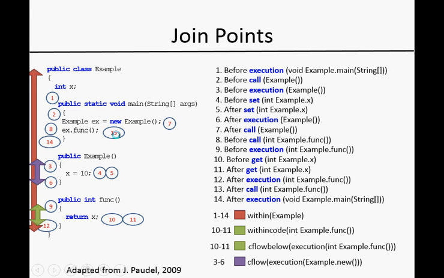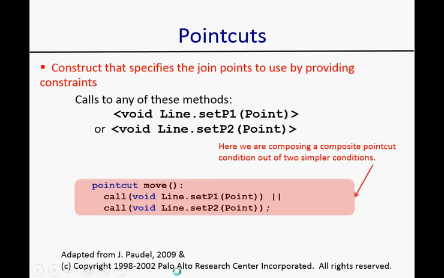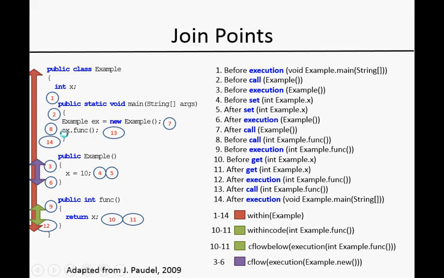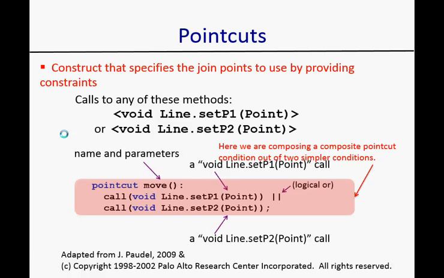Okay, ladies and gentlemen, so by specifying a point cut, we can then refer to a certain place in the code and have qualifiers like after or before that place, or around in some cases. Okay, here we have what's called the composite point cut. It is two conditions.